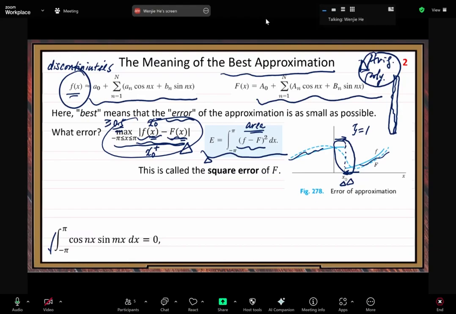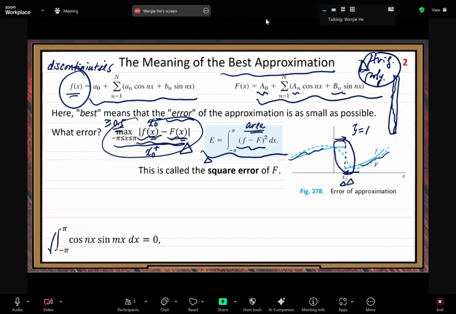That means we need to find all the coefficients, capital A, capital B. Determine those coefficients such that the corresponding capital F has the best approximation to the original little f function. That's the question we need to answer.